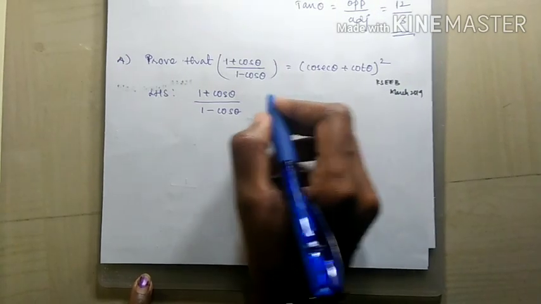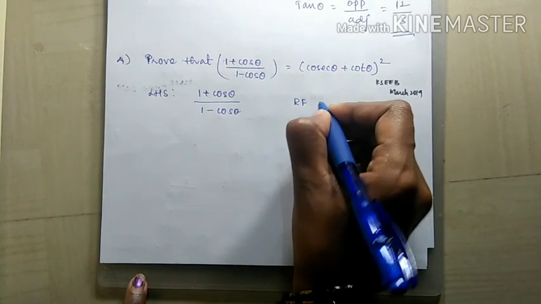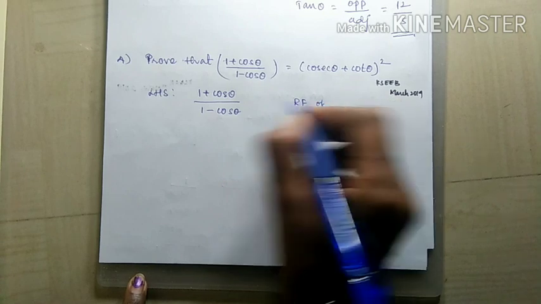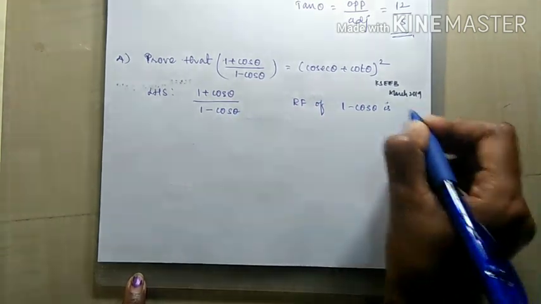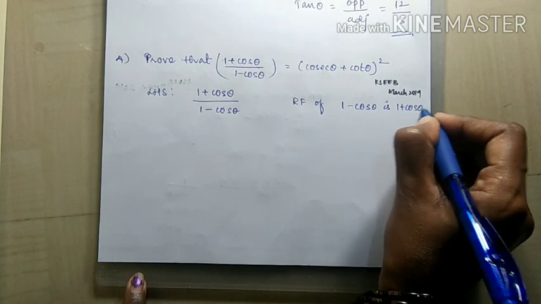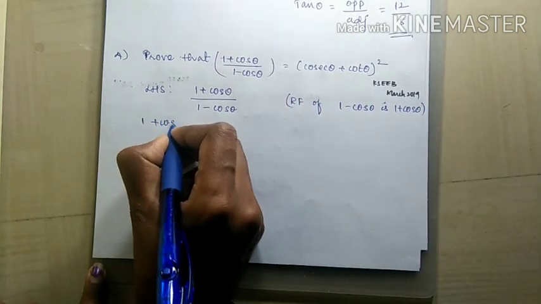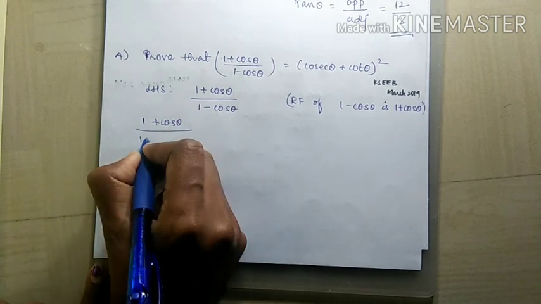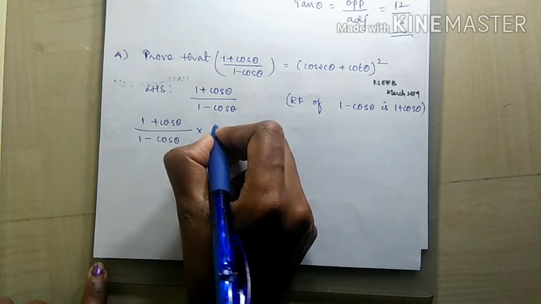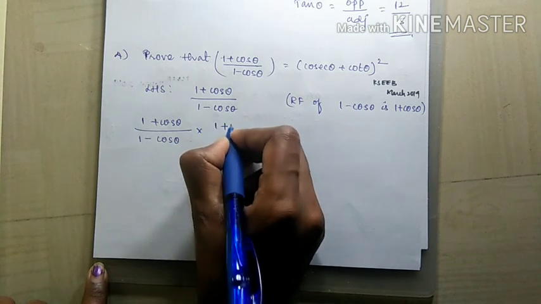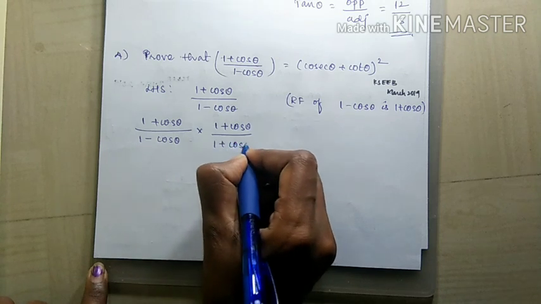Now I'll rationalize this. So a rationalizing factor of 1 minus cos theta is 1 plus cos theta. This rationalizing factor I will multiply, that is (1 plus cos theta) by (1 plus cos theta).